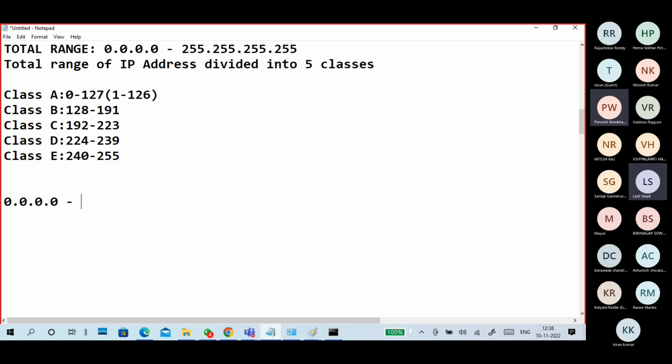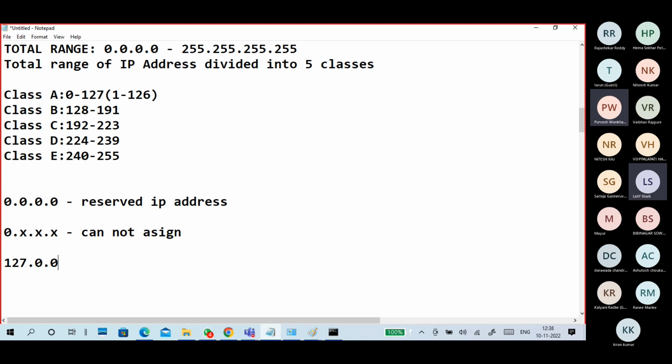So classes and their ranges. The 0.0.0.0 series is reserved for certain protocol services. This entire series is not assigned to anyone and cannot be assigned to any PC or device.